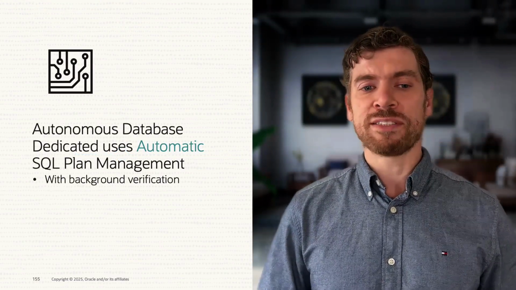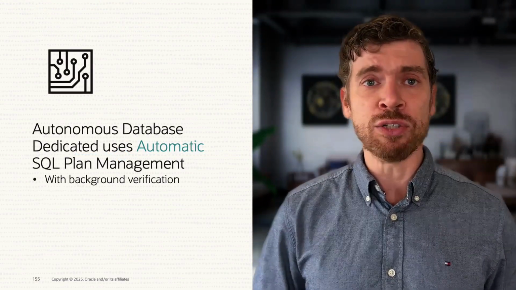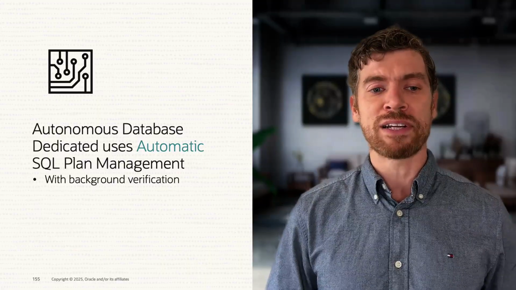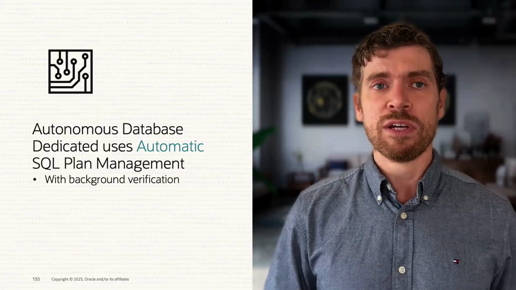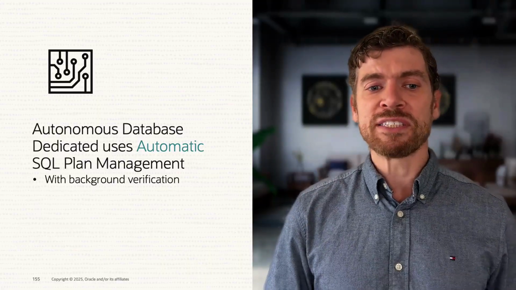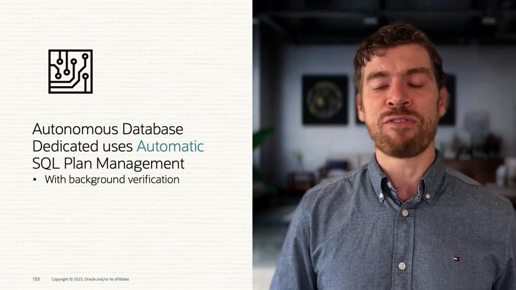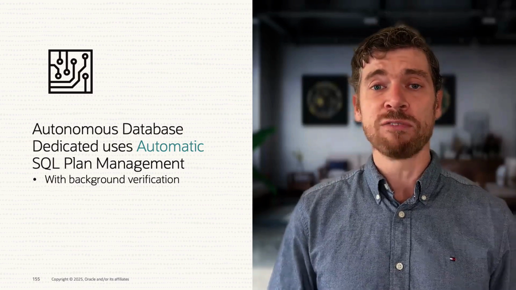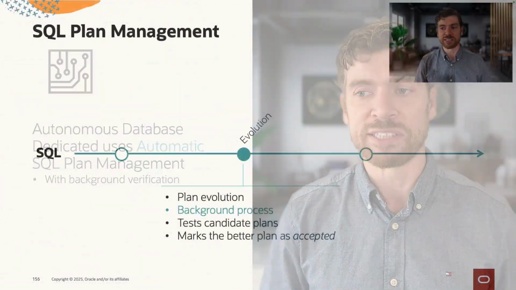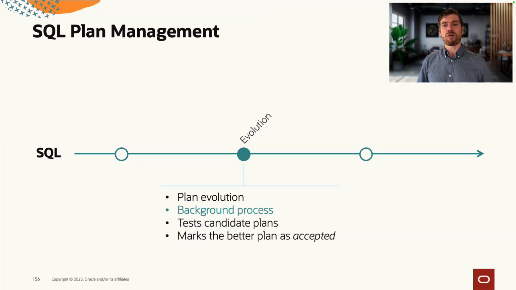What Autonomous Database Dedicated uses is the automatic SQL plan management. The difference here is that it does a background verification of your SQLs during the evolution phase. Differently from the former method, where we usually test your SQLs during a manual or maintenance window, here it goes through a background process.